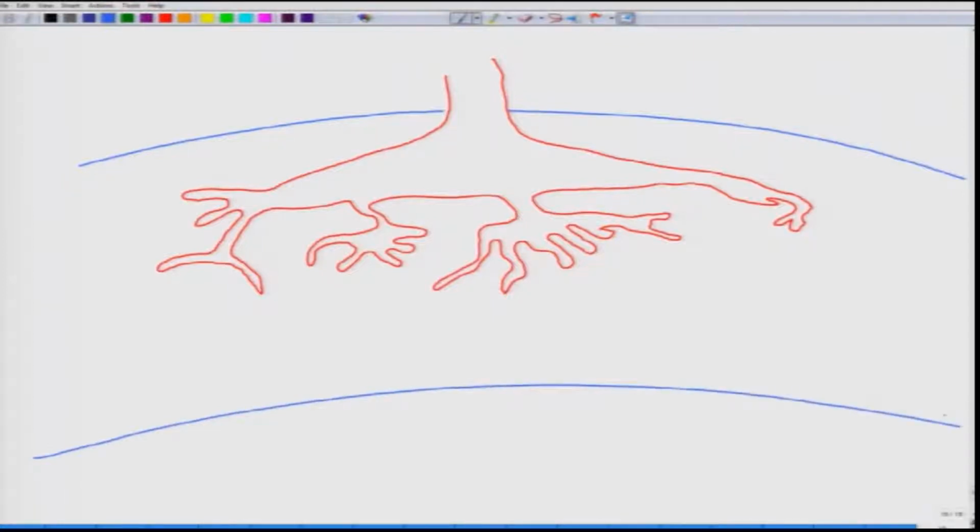If you see these terminals very carefully, you will observe something very interesting: they have button-like structures, and there is a huge amount of mitochondria located in these locations.